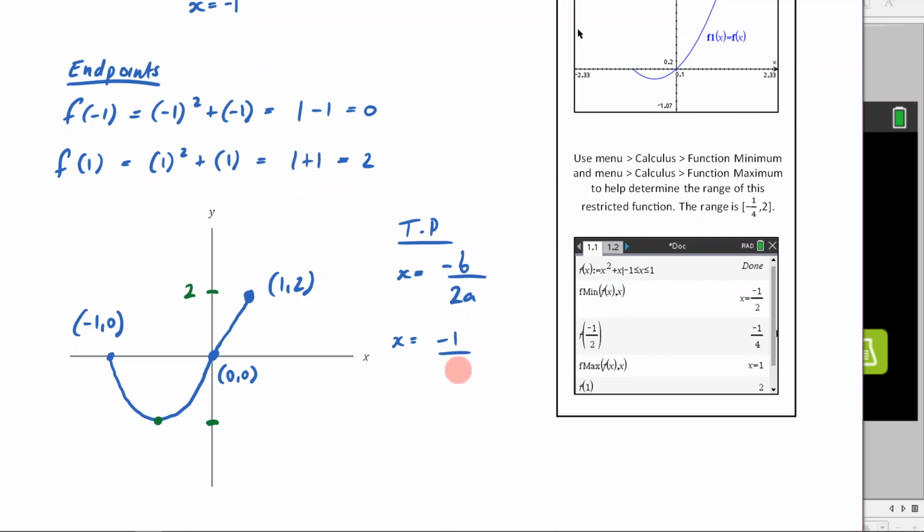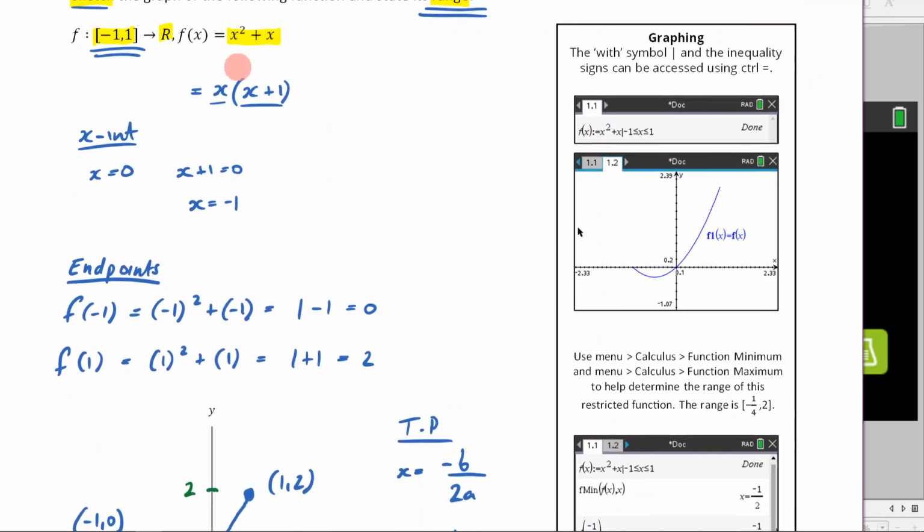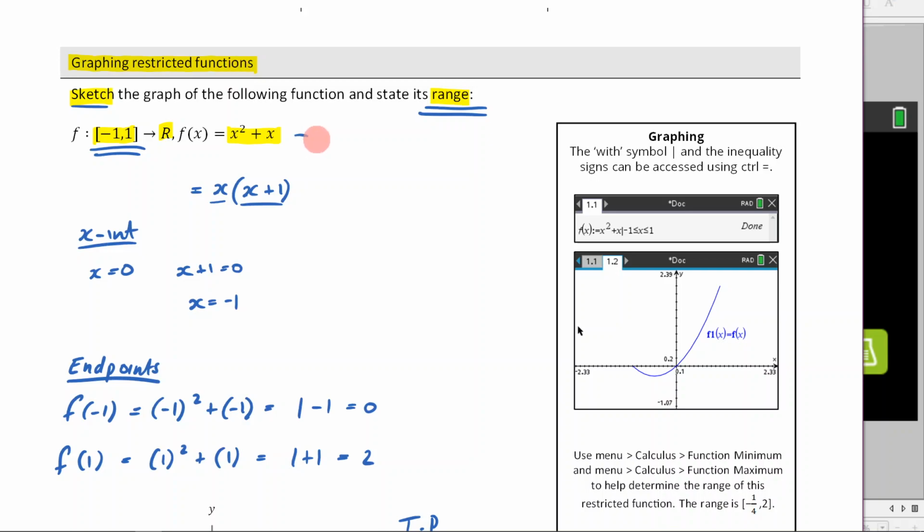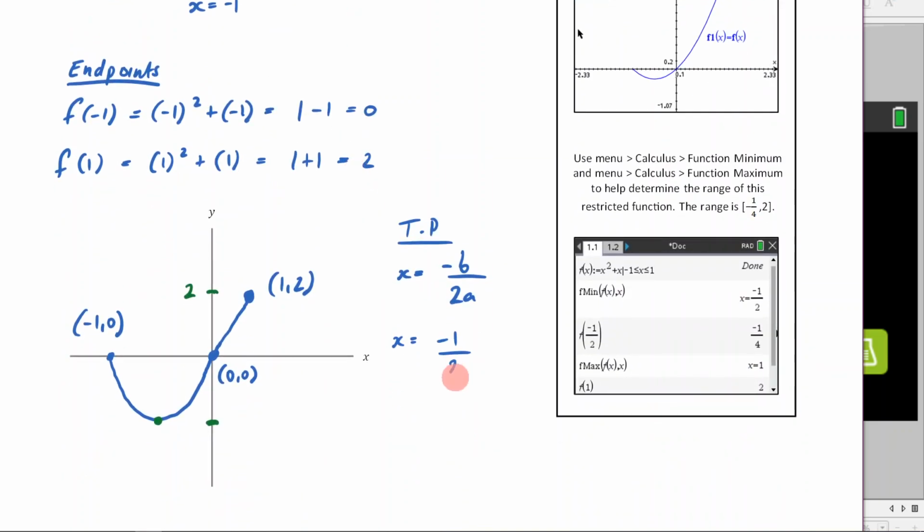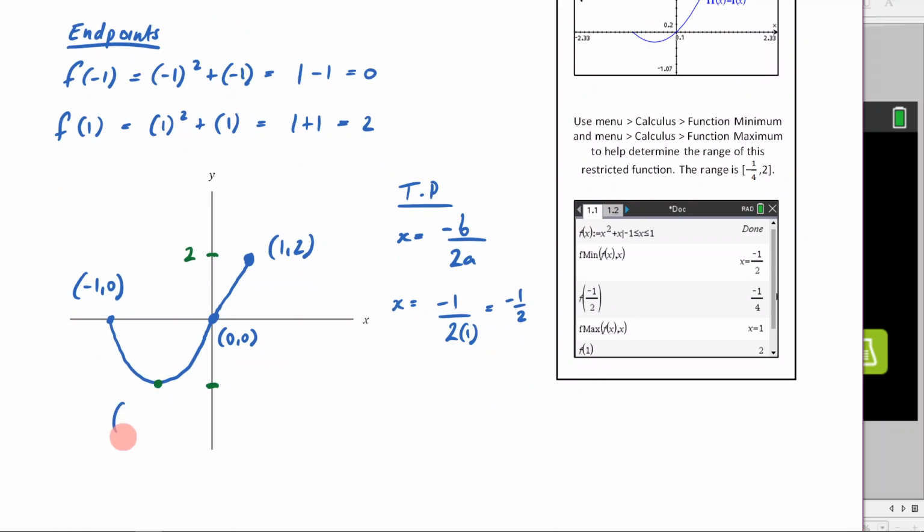And a is the number in front of x squared, because remember, this is ax squared plus bx plus c. That's why my b value is 1 and my a value is also 1. So I'm going to get 2 there and a 1 there. That means it's going to be -1/2. So I can say that the x value of this is -1/2.